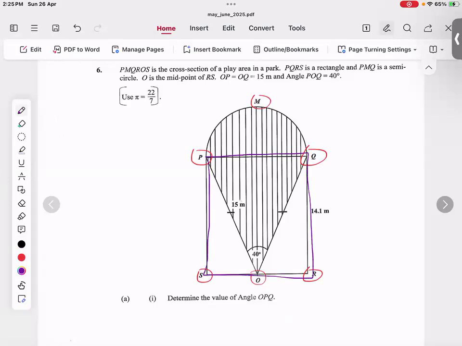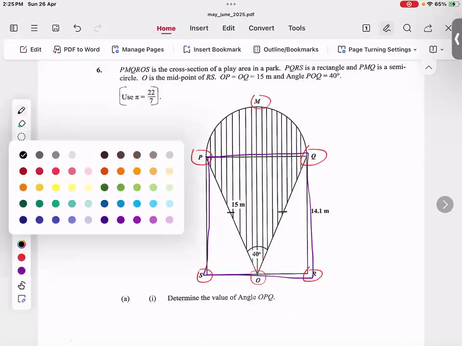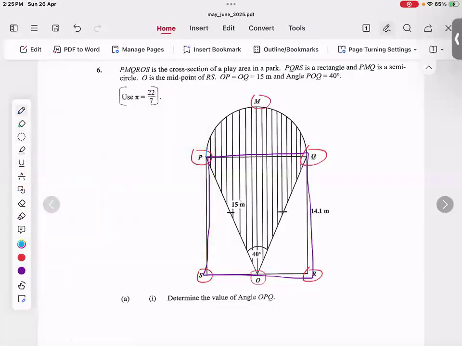PMQ is a semicircle. Let me identify that. A semicircle is half a circle.